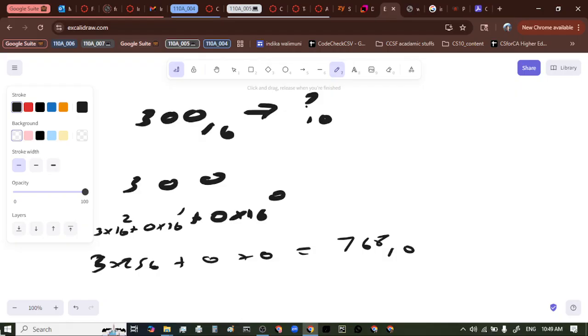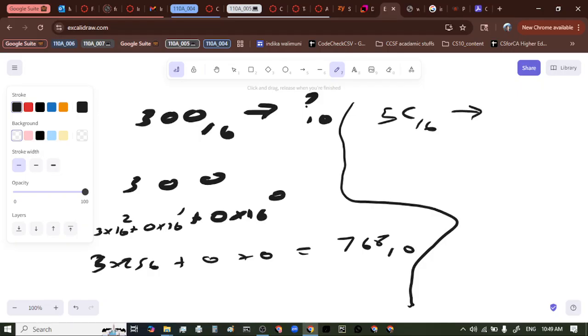Okay. So let's get one more complicated answer, right? So this one is easy because all the numbers were digits. Let's say, like, 5C or something. All right. So our number is 5C in base 16.